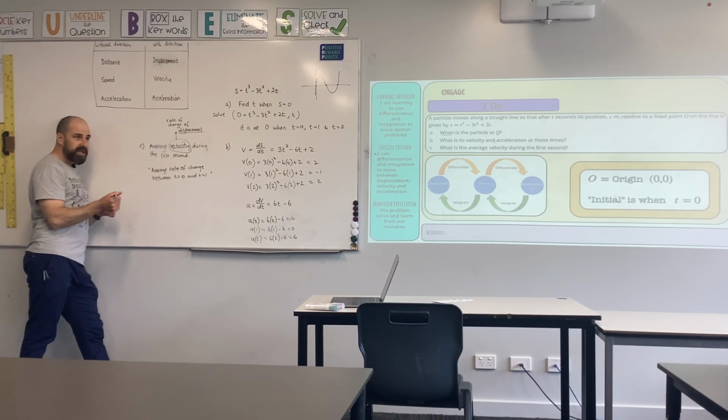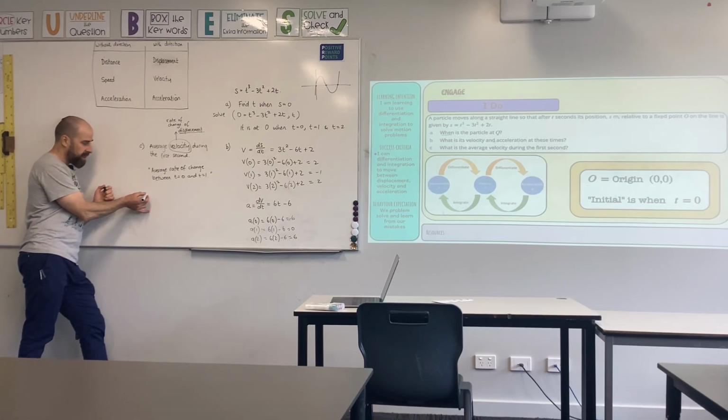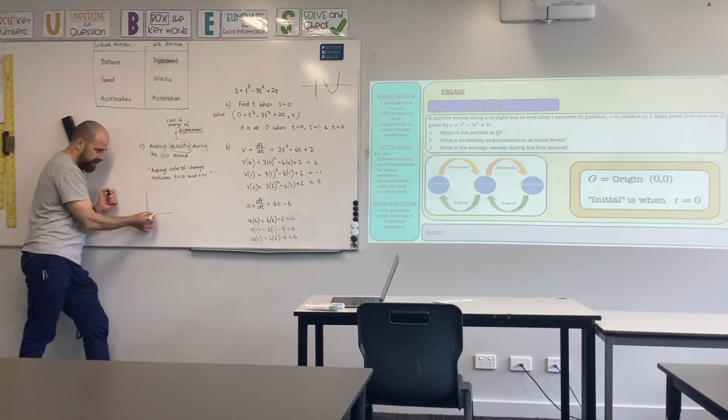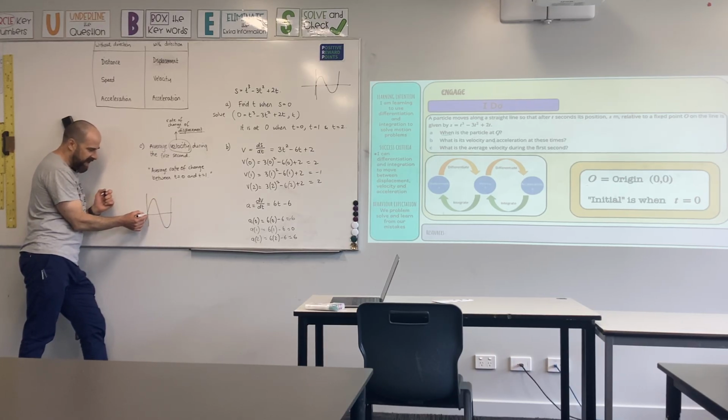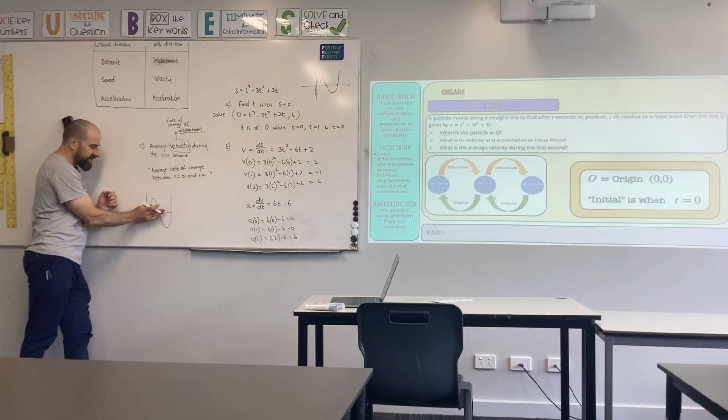Average rate of change. How do I find the average rate of change? We got something increasing, decreasing, going back again, and we want to know the average rate of change between 2 points in the first second. This was t equals 0, and it was back to the origin after 1 second.